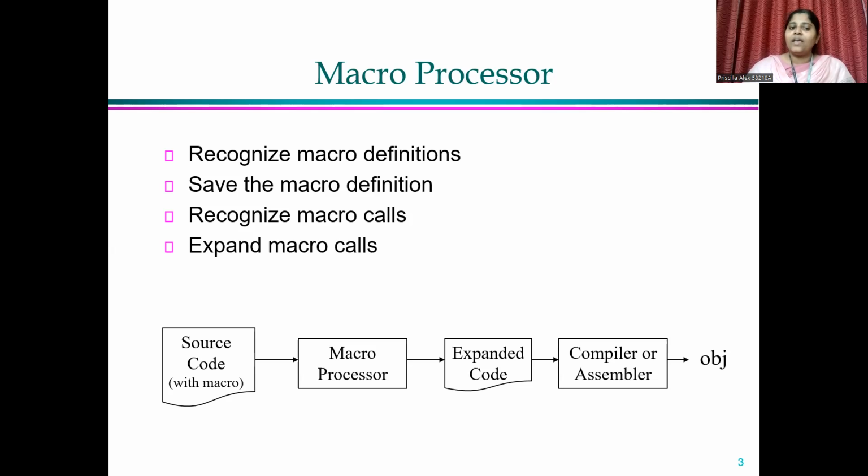In normal compilation or normal coding, each and every source code is converted to object code with the help of the compiler or the assembler.